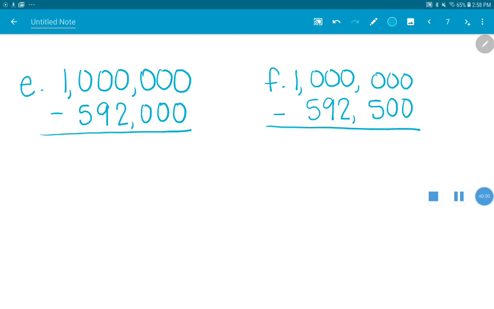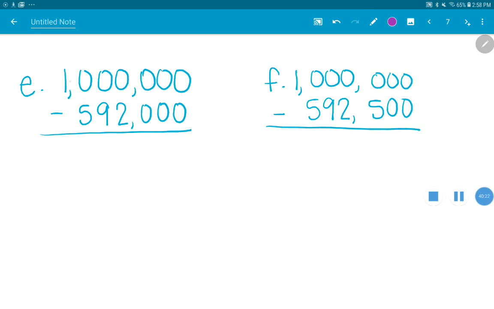Let's take a look at these two really quickly. So looking across my digits in E, we'll solve E first. Can I subtract my ones? I have 0 minus 0. Can I do that? Yes. How about the tens? Yes. Hundreds? Thousands?